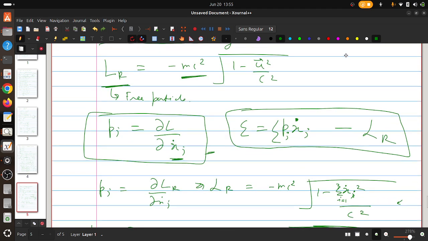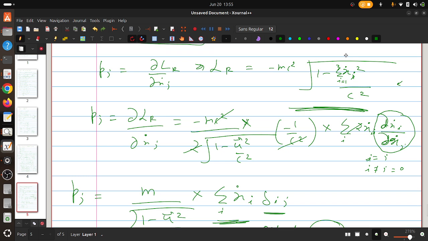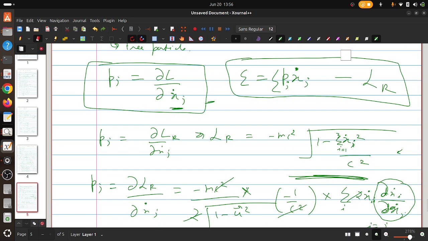What I think is that in my definition, when I defined the four velocity, it was a unitless quantity, so this c square should not be there, right? So everywhere this c square should be cancelled, I guess. And here, when I write 1 minus u square... Oh, okay.